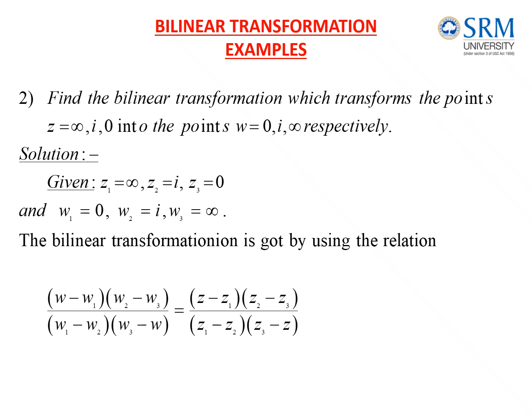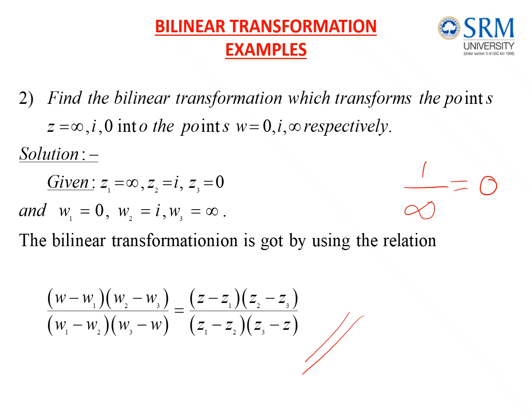Otherwise, we retain that point in the denominator, so that when you substitute infinity, the 1 by infinity term becomes 0. First, we write the given points in terms of Z1, Z2, Z3, W1, W2, W3. Here it is given Z1 is infinity and W3 is infinity. So take the cross ratio property to find the bilinear transformation. Whichever point is infinity, we take that point as common and simplify with the denominator, so that it remains in the denominator and the others get cancelled.